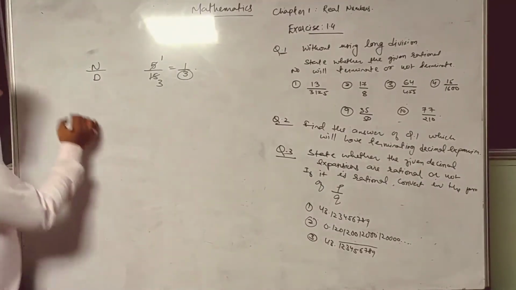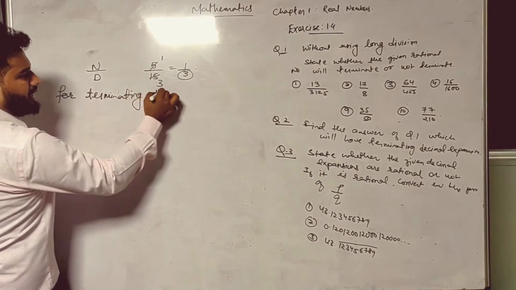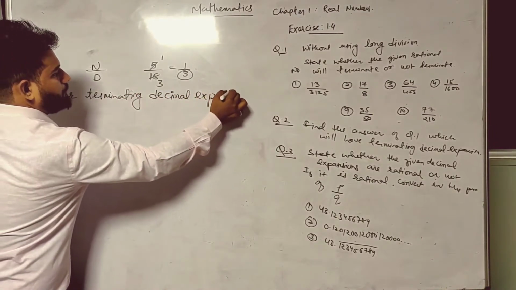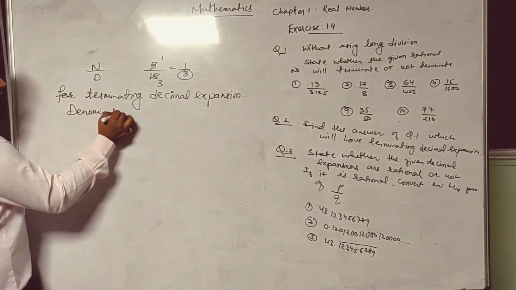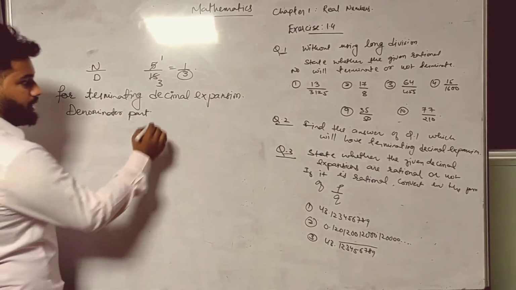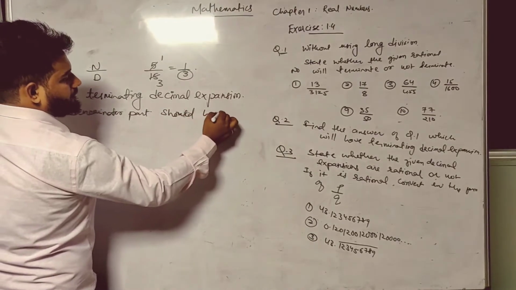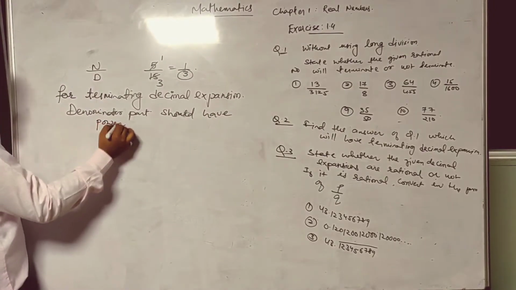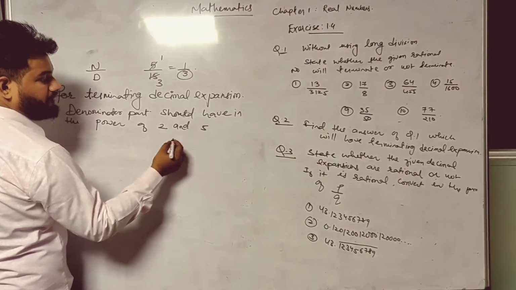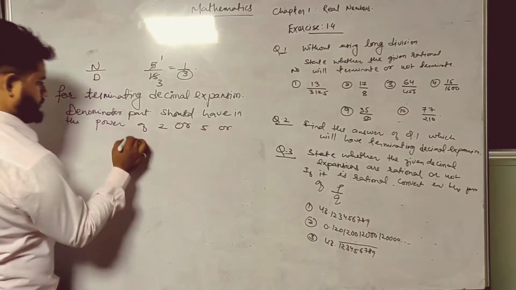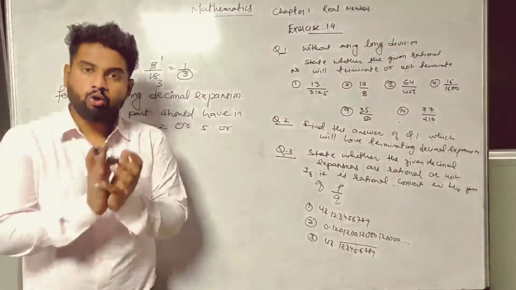For a terminating decimal expansion, the denominator part should have powers of 2 or 5 or both. Meaning, whatever your denominator is, do its prime factorization.